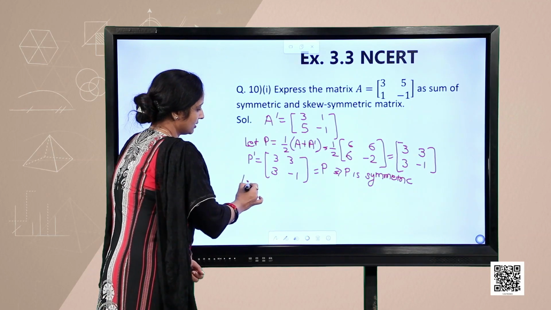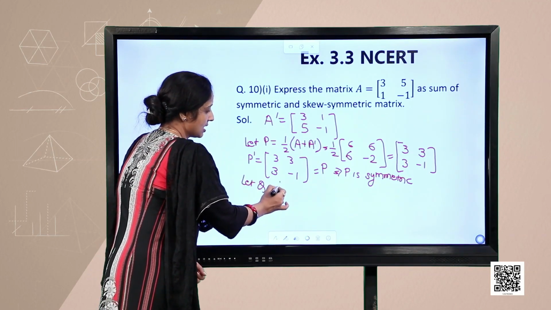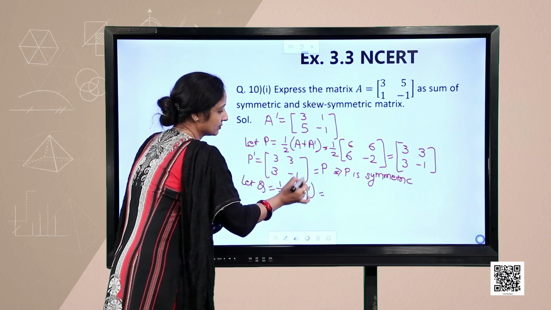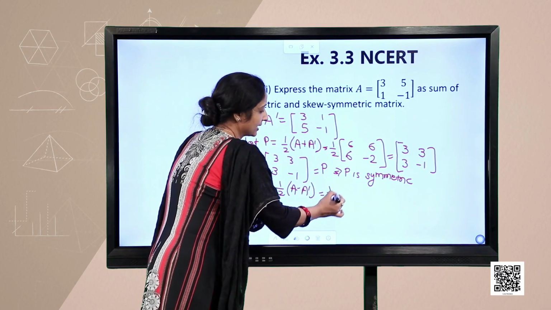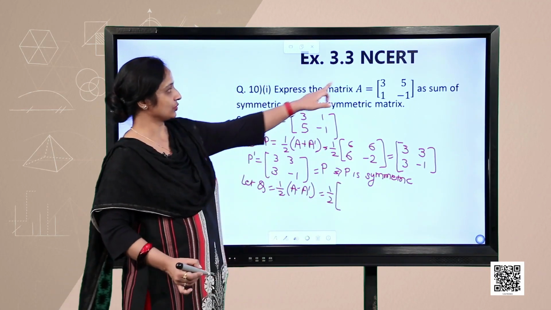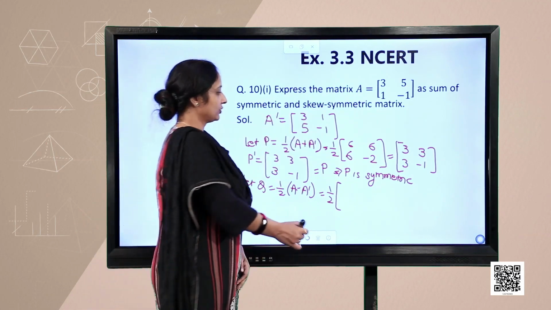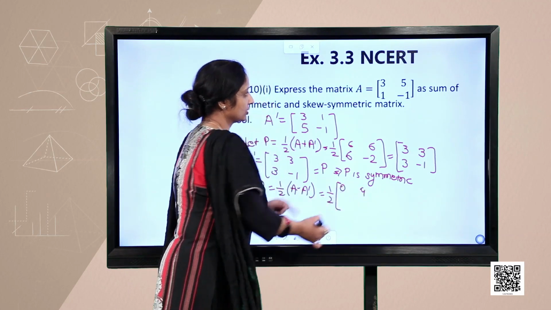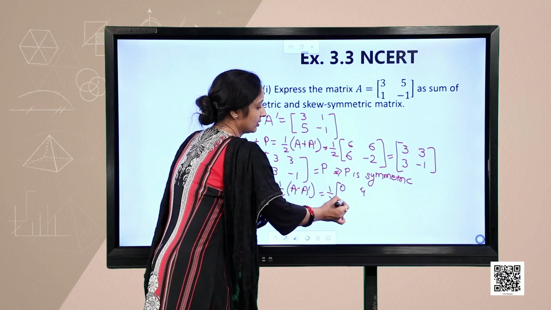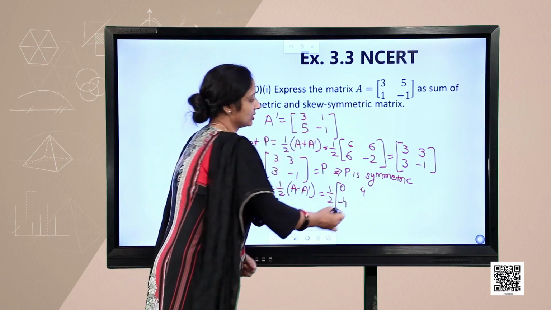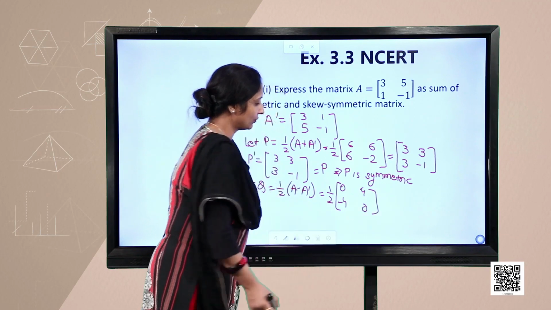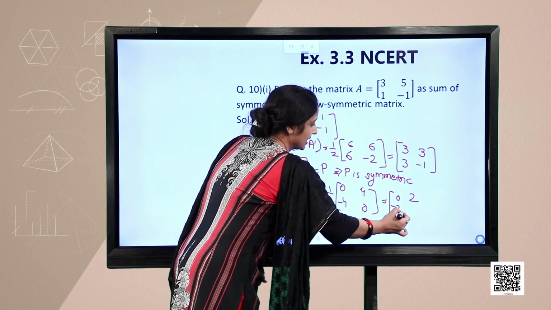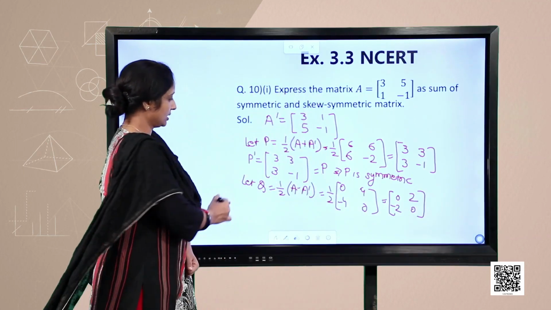Then take another matrix Q as half of A minus A transpose. So subtract elements of A transpose from corresponding elements of A. 3 minus 3 is 0, 5 minus 1 is 4, 1 minus 5 is minus 4, minus 1 and minus 1 are subtracted and giving you 0. Multiply by half, you will get 0, 2, minus 2, 0. Take its transpose.